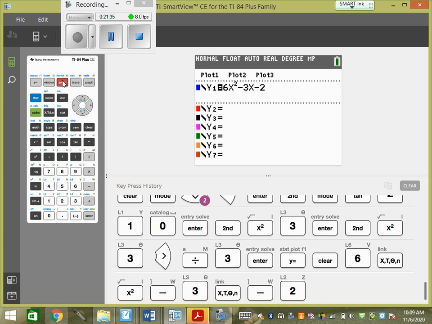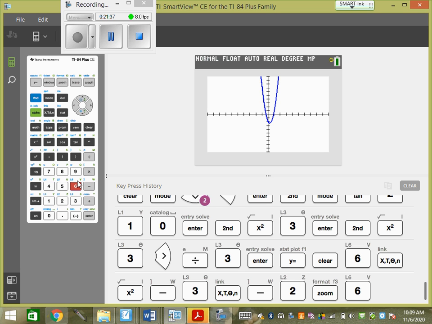Zoom 6. Get to your standard window. Okay. Now, what is this? Is this a minimum or a maximum? Minimum, because if you walked into it, you'd be walking into a valley, right? Can't go any lower unless you got a shovel.